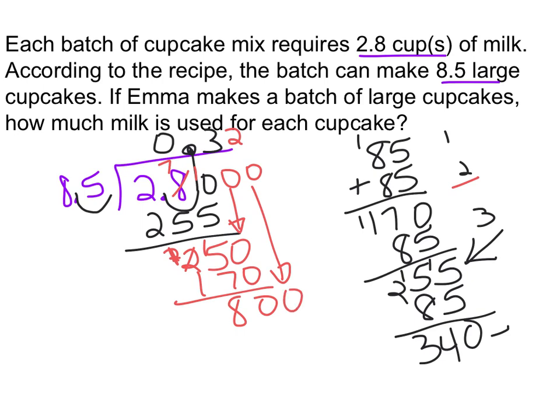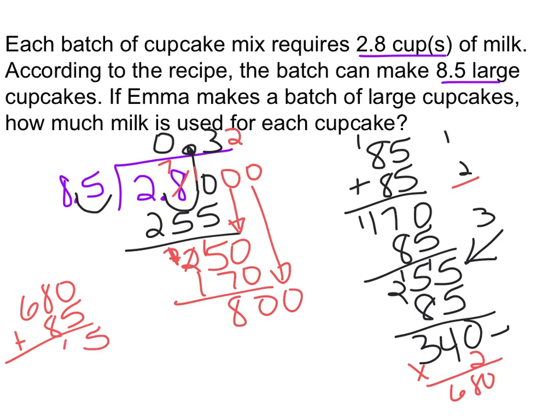So 340. So times 2, that's going to give you 680. So 680 plus 85, that's 5, 16, 765. I think that would be the closest one.